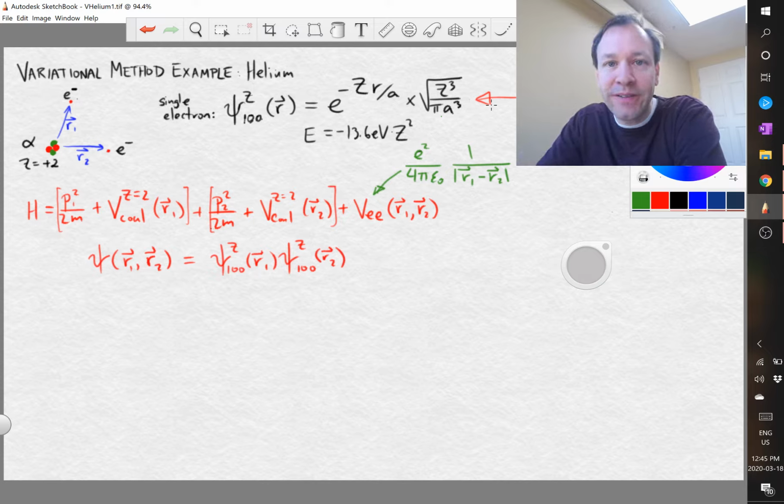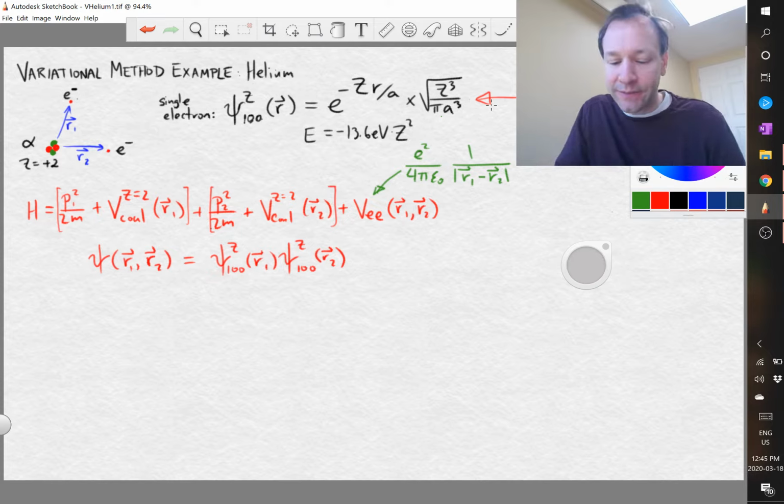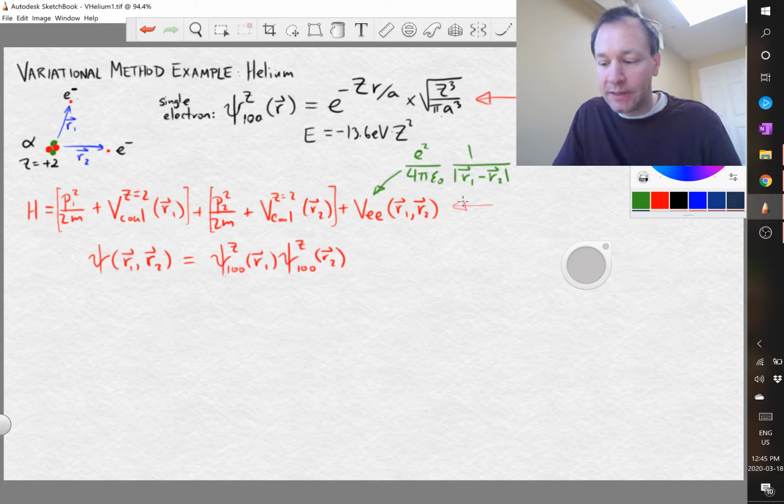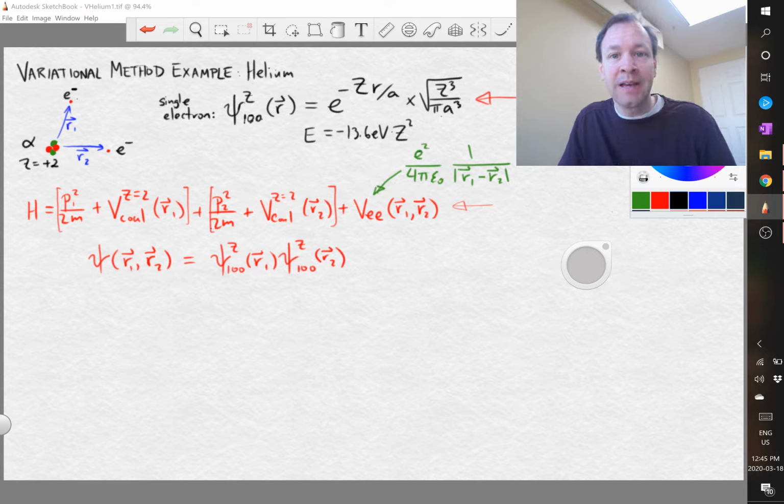So the first trial wave function we're going to try for our example, where you actually have the full Hamiltonian of helium with the interaction between the electrons, is actually just this wave function, the same wave function that would be the ground state wave function if you didn't have that interaction between the electrons. It's not a very clever choice.